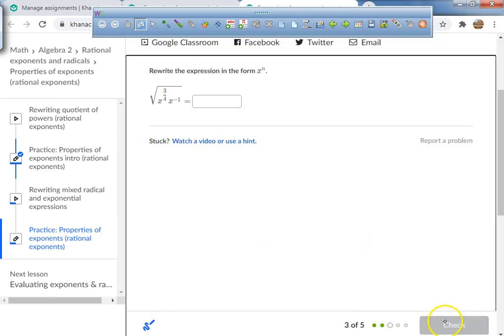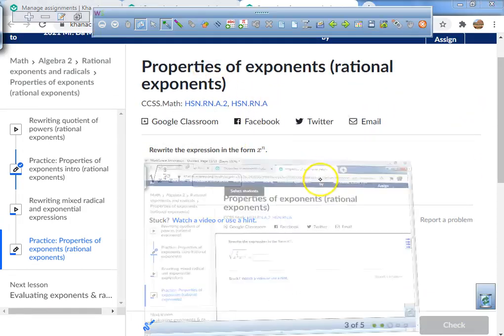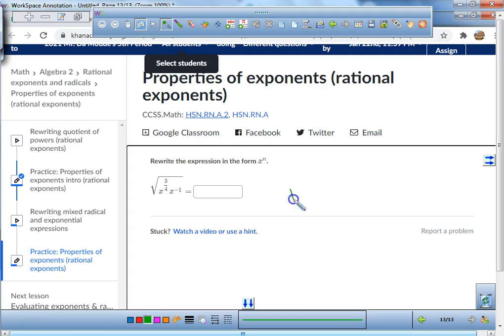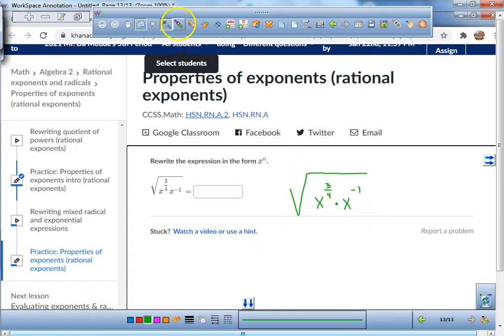Okay? All right, here's the next problem. Looks kind of hard. It says the square root of x to the power of 3/4 times, I'm going to put times because that's basically what it means, x to the power of -1. The first thing I want you to do is inside of this radical, what are we allowed to do with these exponents?